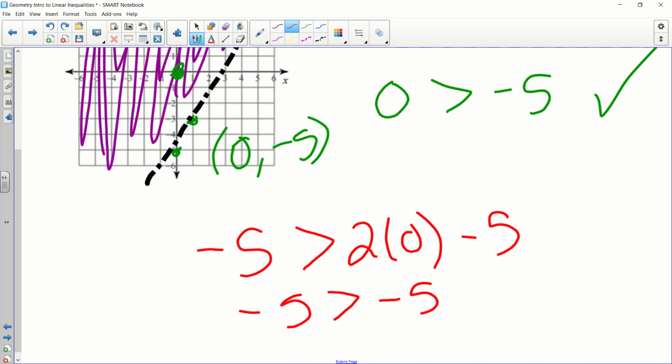This is not a true statement because there is no "or equal to." A negative 5 is not greater than itself. So this indicates that my line is dashed so that the points on the boundary line are not part of the solution set. If we think in terms of infinitesimal decimals, as we get closer and closer to that boundary line in the shaded area, I'm going to be getting solutions, but as soon as I hit that boundary line, I'm no longer a solution.